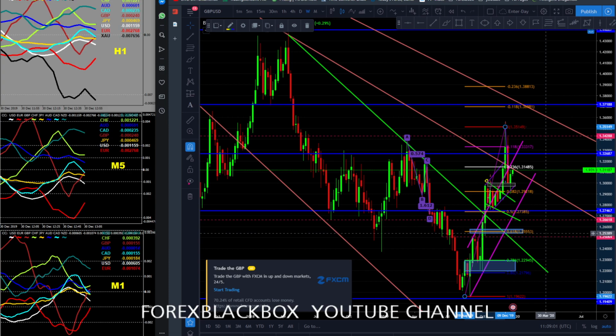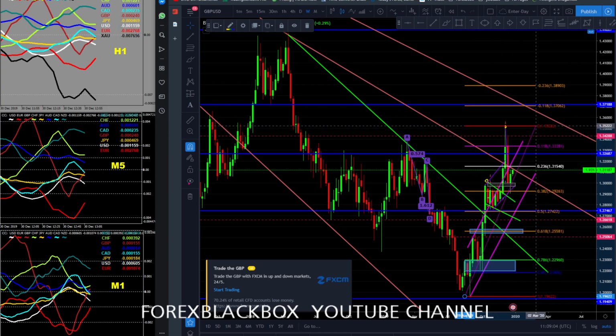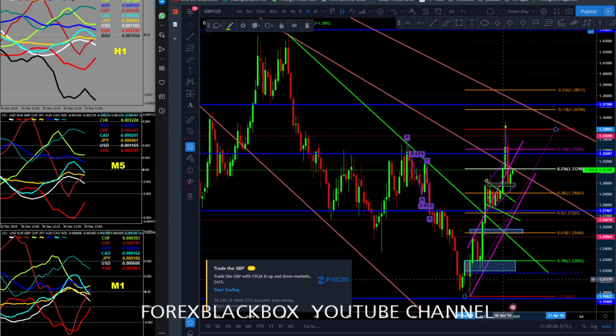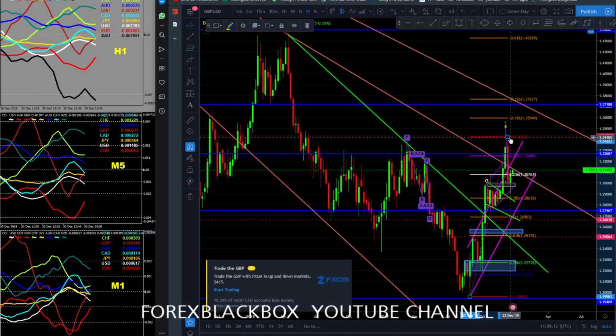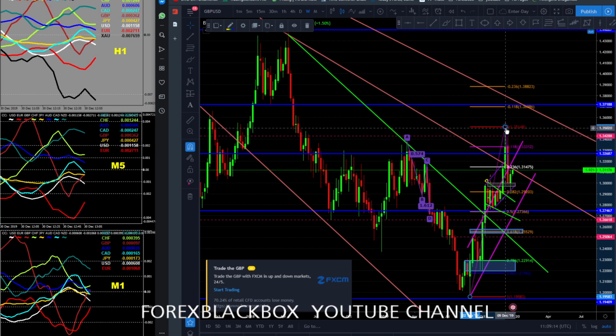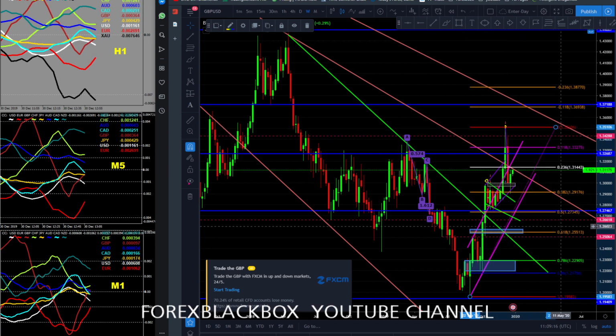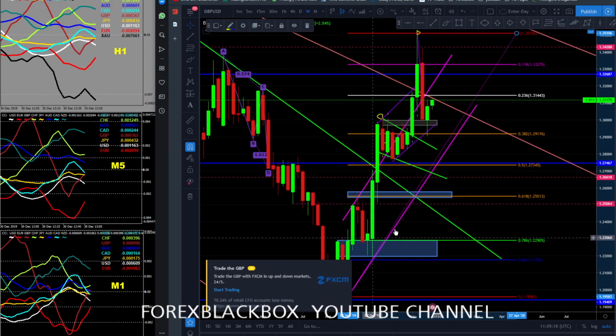It's 61% of this move. So as you can see, just like a magnet. Here we go. Okay, so 125.500, that's the 61% Fibonacci.